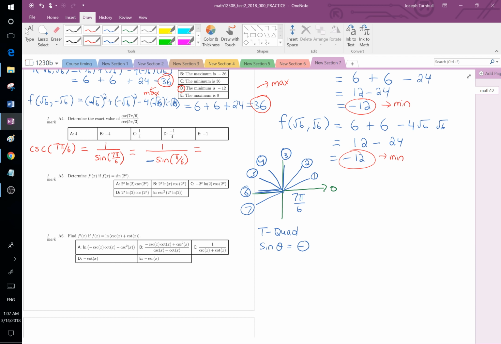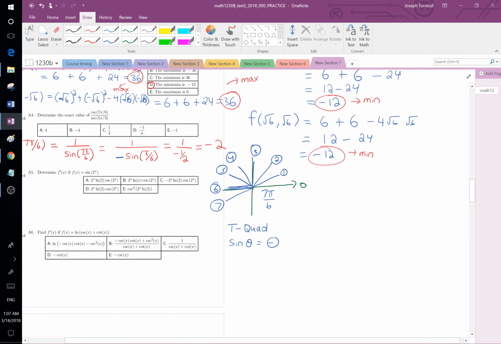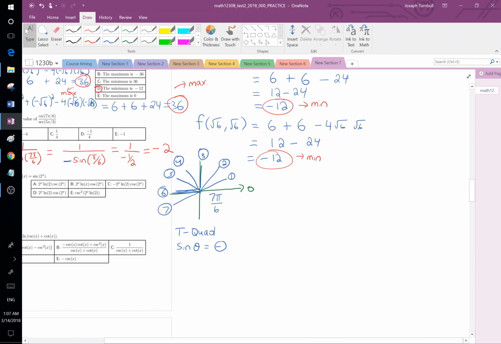And you get 1/2 from that. So 1 over negative 1/2, which is negative 2. So we get negative 2 on the top. Now we have to do secant of 5 pi over 3. We'll do that as a separate calculation.